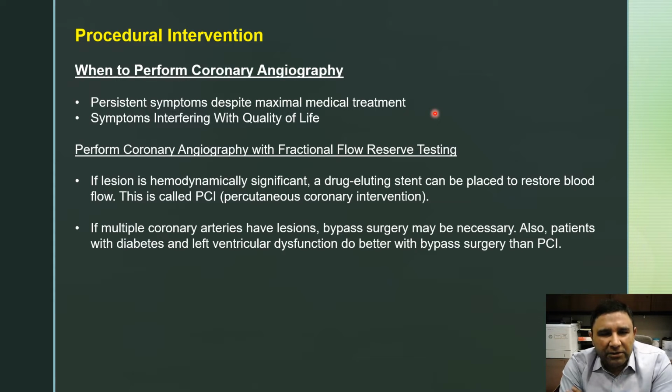And if you've exhausted all of those options and the patient is still not improving, then you've got further decisions to make. And the decision that you have to make is, when are you going to perform coronary angiography?